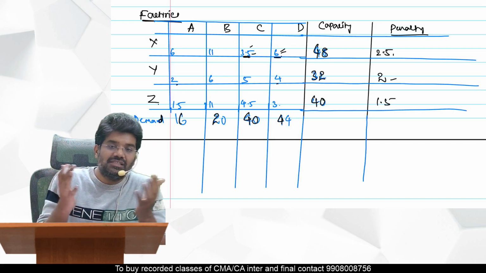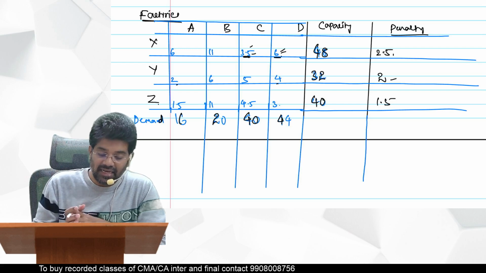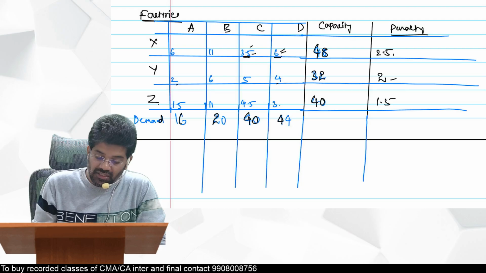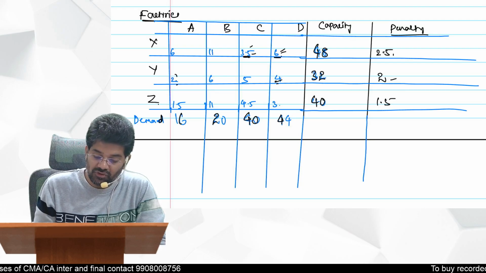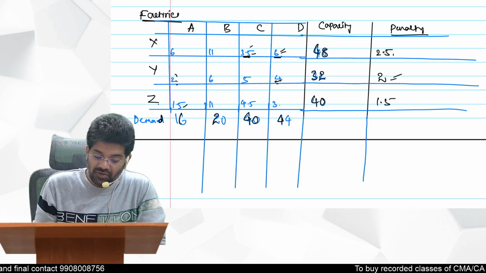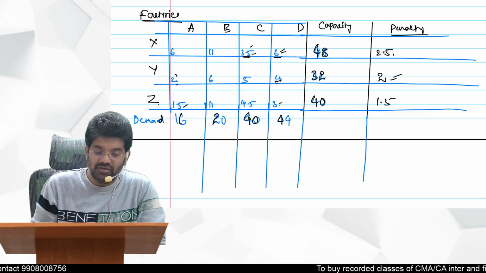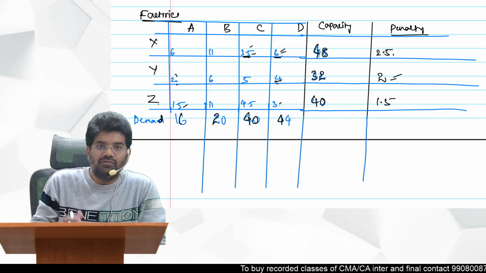You should take 0 as the penalty there. Now the second row: the first least cost is 2, the second least cost is 4, so 2. Third row: the least cost is 1.5, the next least cost is 3, so 1.5.